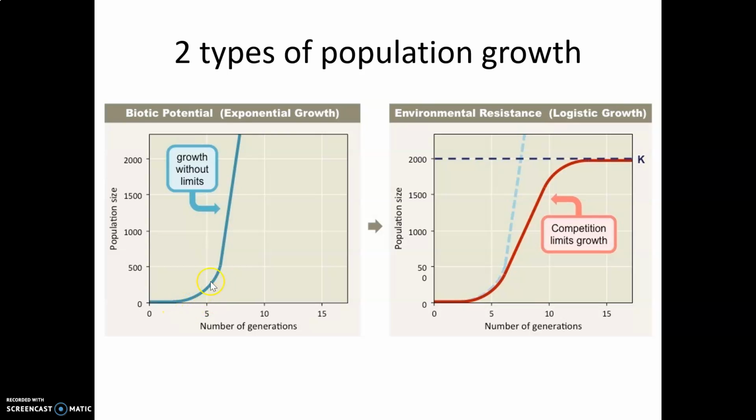So this will normally only be in the beginning of when a population is increasing in size, and then at some point the growth would cease and level out, and the population would reach its carrying capacity. And in that case, we would have logistic growth instead of exponential growth.